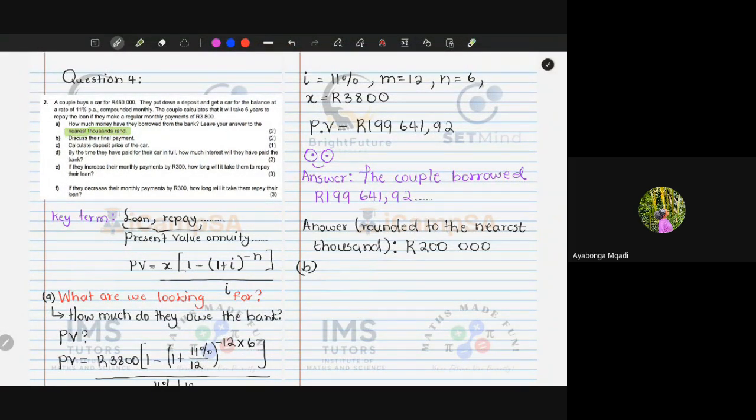Let me see. What did I highlight here? This is B. Yeah. Discuss their final payment. What do you have to say about this, guys? The final payment is going to be less than 3,800. Why is it going to be less than 3,800?